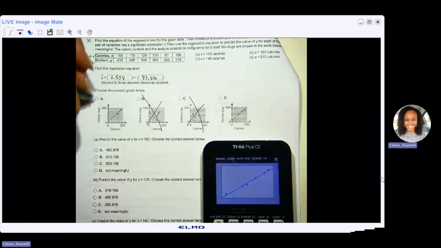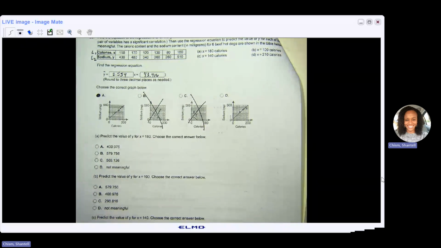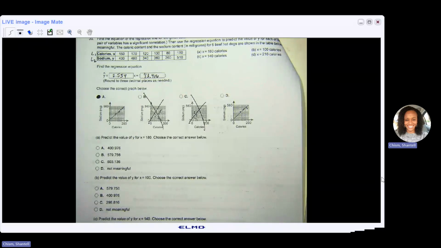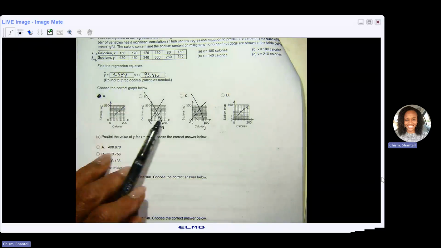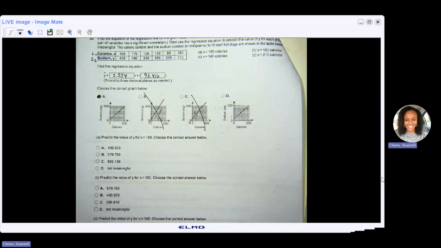So the correct graph in this case would be A. And again, when you're on the computer, use the little pop-out window to make it bigger and you can see it better. But I usually just count the dots, how many are below or above the line, and match it. Remember that if the slope is positive, your line can't be going down. That's why we omitted B and C right from the jump.